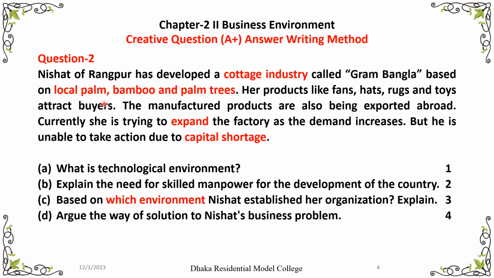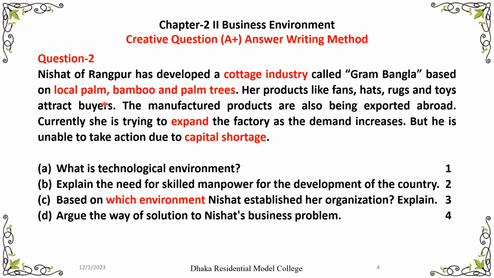In the second para, you will have to describe the economic environment. What is economic environment? We know income, expenditure, savings, capital, investment, profit, demand, supply, financial institutions, availability of loan facilities, tax rate. These are the elements of economic environment.